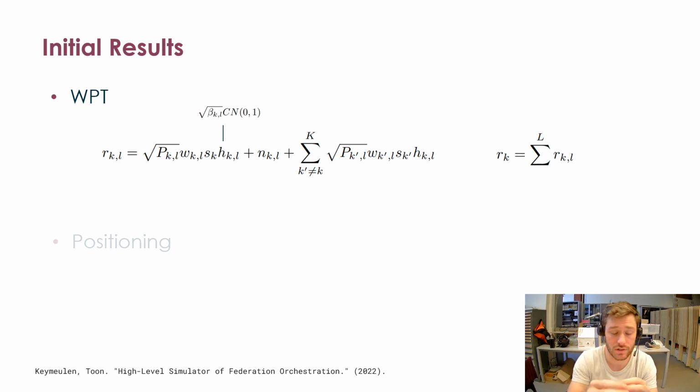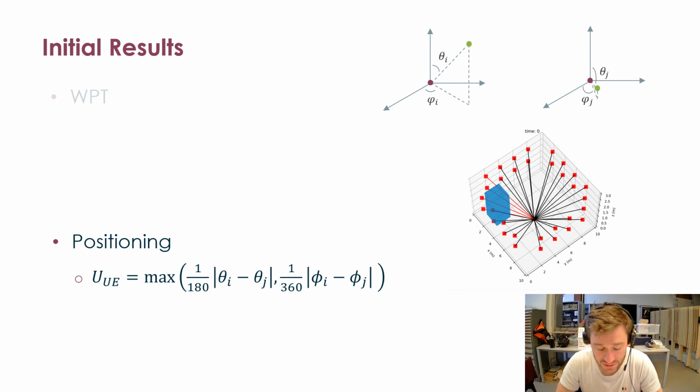We assume IID Rayleigh fading, so it is the sum of these received signal amplitudes, and then we divide this by the maximum achievable power at a certain location in the RadioWeaves to normalize it between 0 and 1. This is for wireless power transfer. For the positioning, the utility is defined by maximizing the difference between the elevation and the azimuth angles between the CSPs.